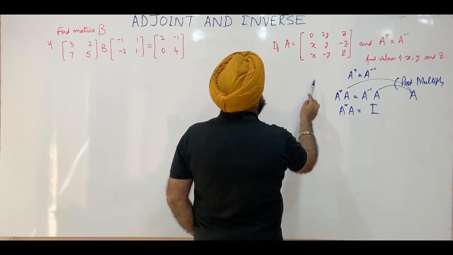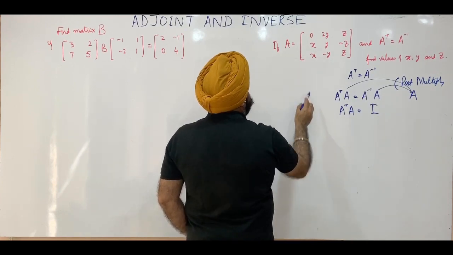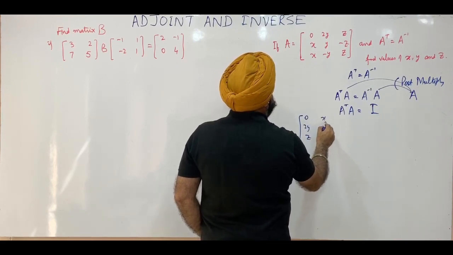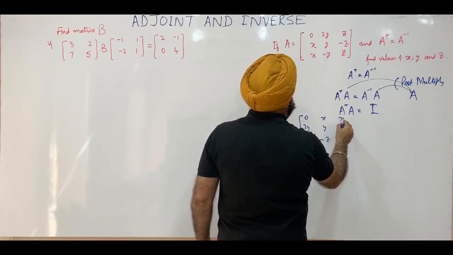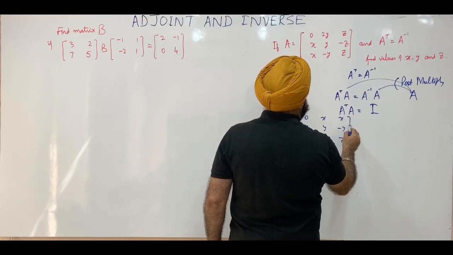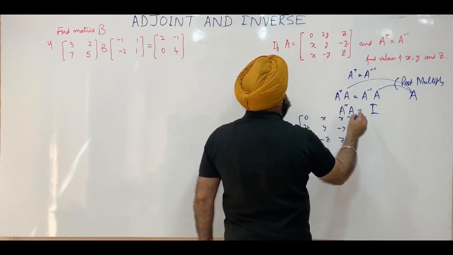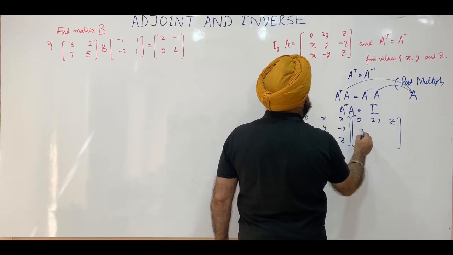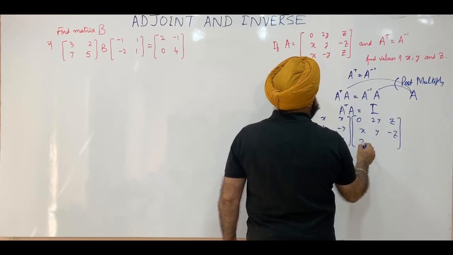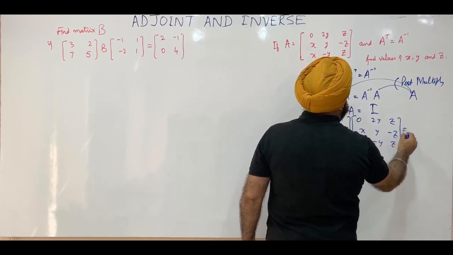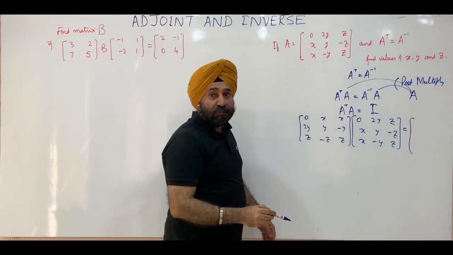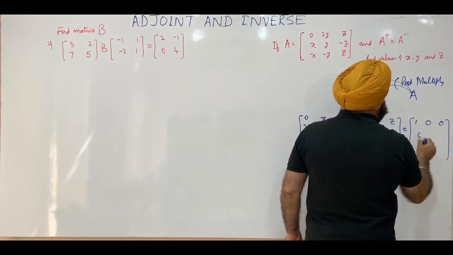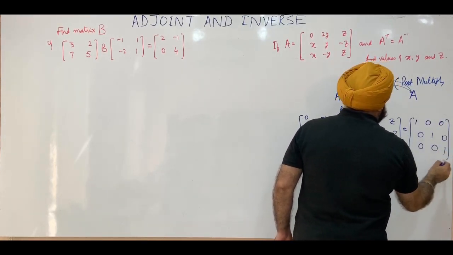Let's substitute values. A transpose, interchange rows and columns. x, this is minus y and z, into A, this is A, 0, 2y, z, elements of the first row, second row, this is third row, is equal to I. I is the unit matrix, also called the identity matrix, 1 0 0, 0 1 0 and 0 0 1.